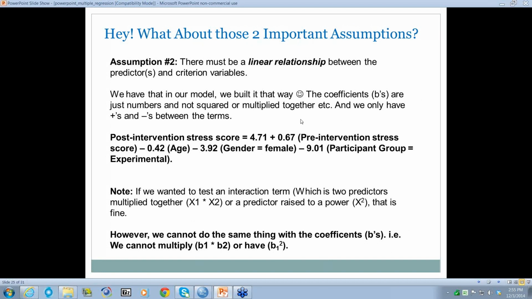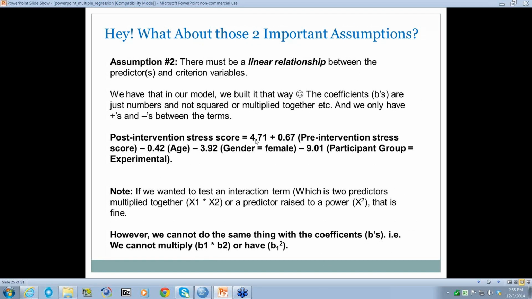Now, we can have these X terms, your predictors, they can be squared. They can be multiplied together. They can, but it's just these terms out front, these things you're multiplying them with, these coefficients. Those can only be linear. And so here we have pluses and minuses, nothing going on that's strange there. So it is linear, okay?